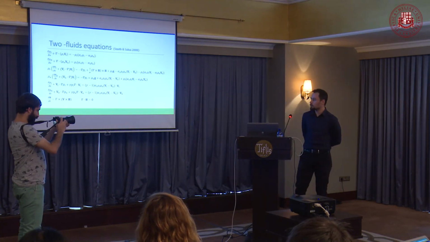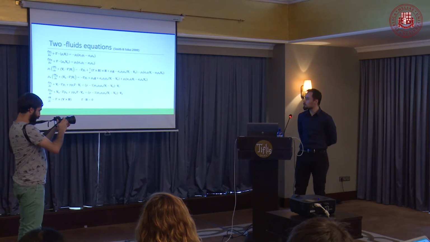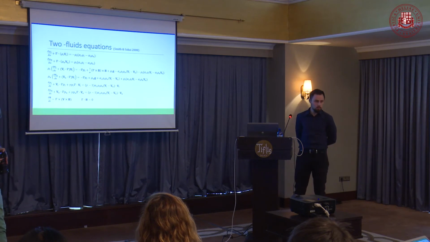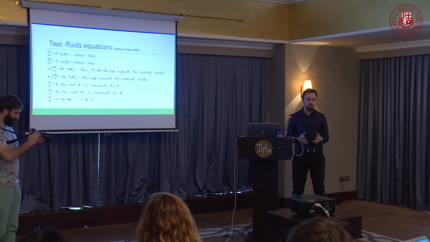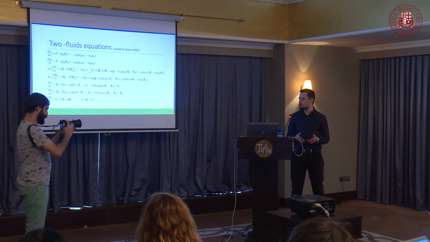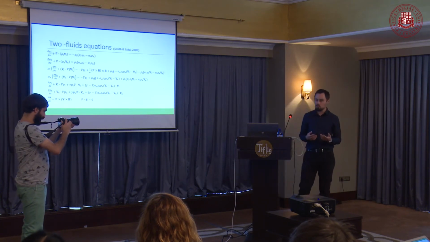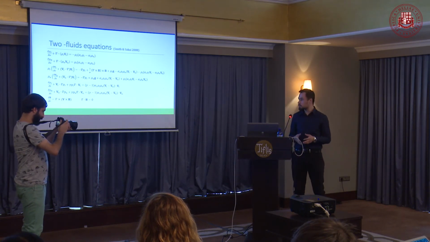In our model, in our code, that is the JOANNA code that was previously announced, we use this set of two-fluid equations. Basically, we have equations that describe two fluids. One fluid is ions. The most important part is that ions depend on magnetic fields; they interact with magnetic fields.